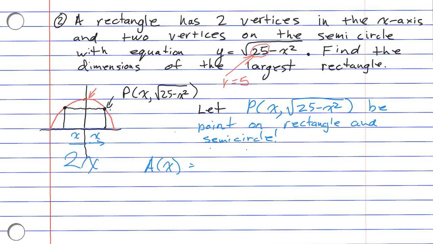So the width is 2x, and then we have to multiply by the height of our rectangle, which goes from here to here, and that tells us what our height is. So we say the root of 25 minus x squared. So now we just multiply it through. I guess we could leave it like that. Yeah, you know what? We'll leave it like that.